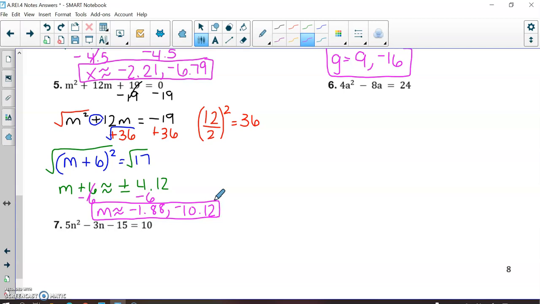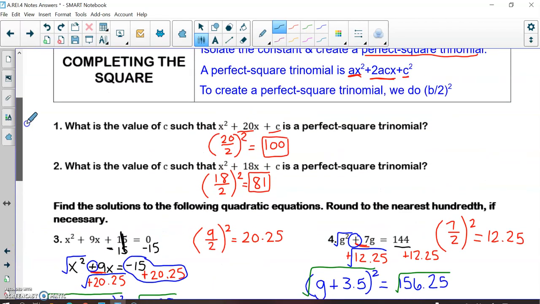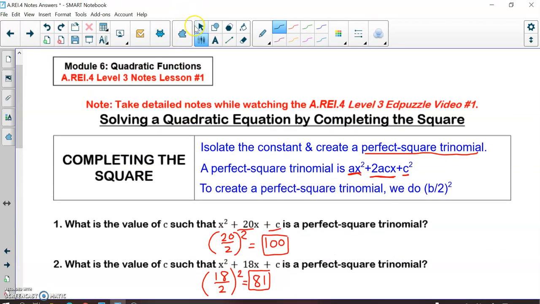All right, number 6, my constant is already isolated. However, another important thing when completing the square is your coefficient of your x squared term, or in this case your a squared term, needs to be 1. All right, so let's add that to our notes.